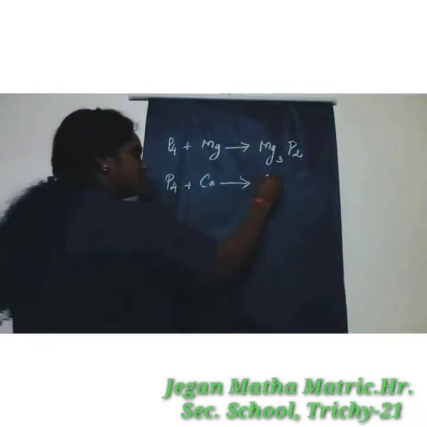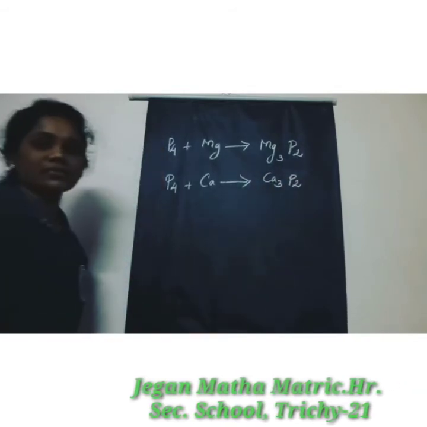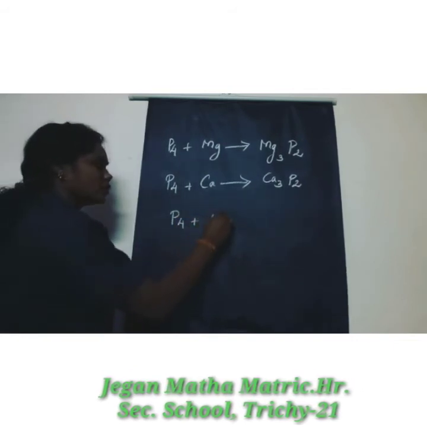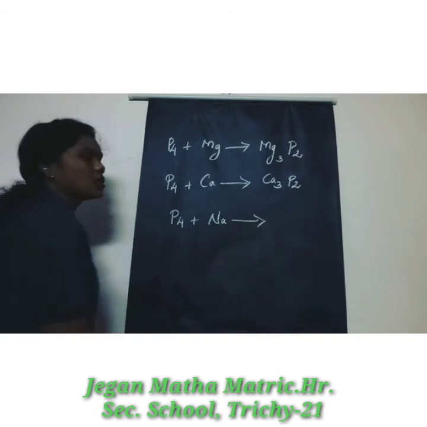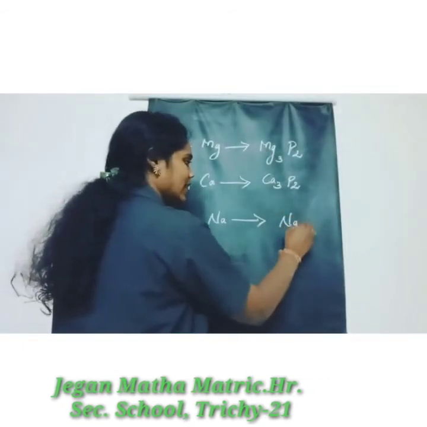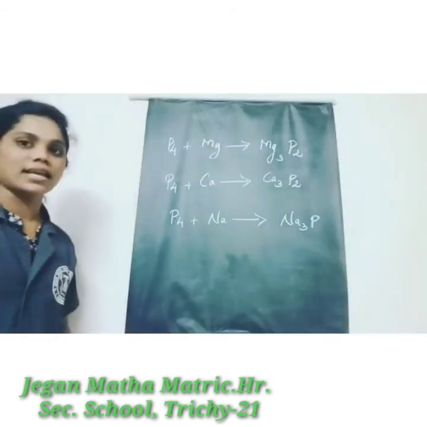The formula for calcium phosphide is Ca3P2. And next one, phosphorus reacts with sodium. It gives sodium phosphide. The formula for sodium phosphide is Na3P. Okay. So now balance this equation.